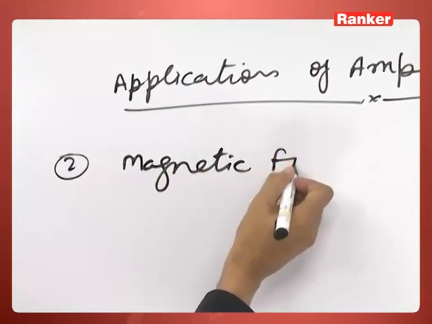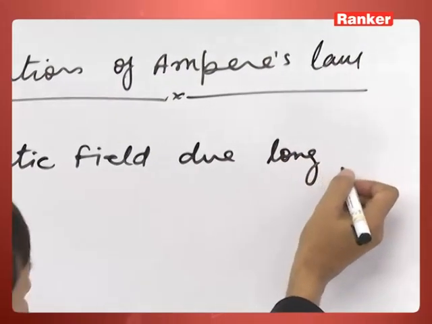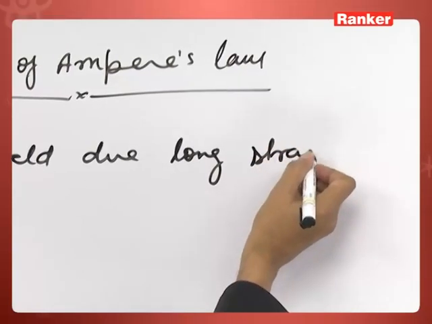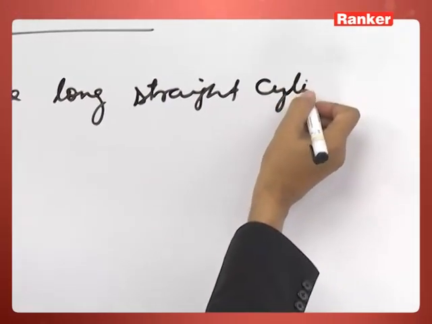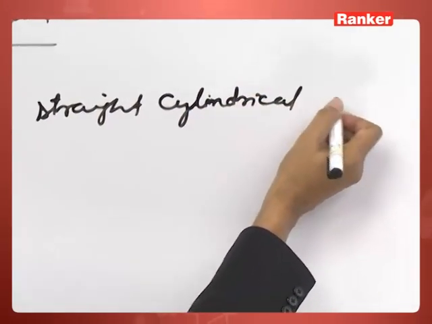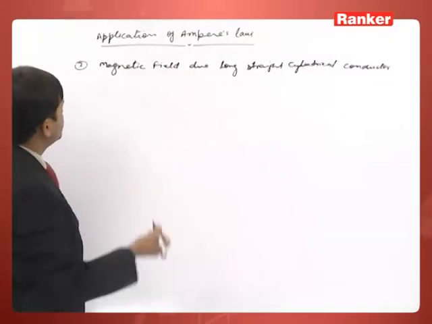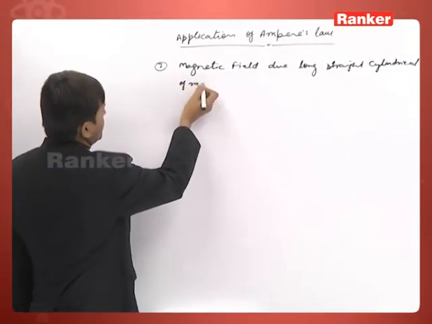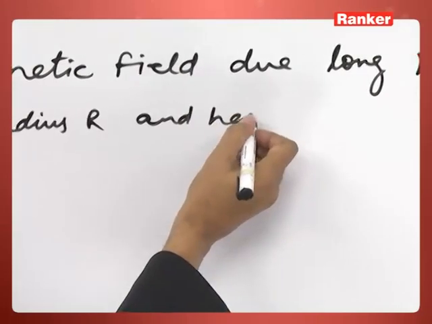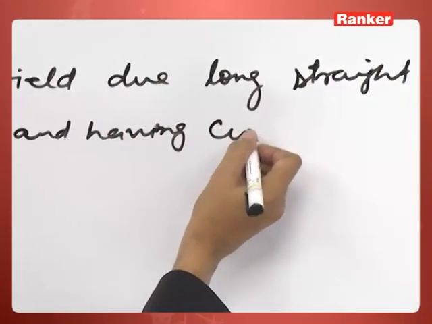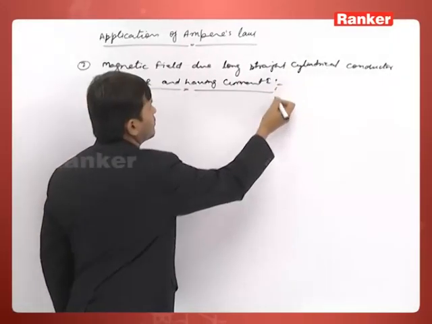Magnetic field due to a long straight cylindrical conductor of radius R and having current I. Now this is another point here.